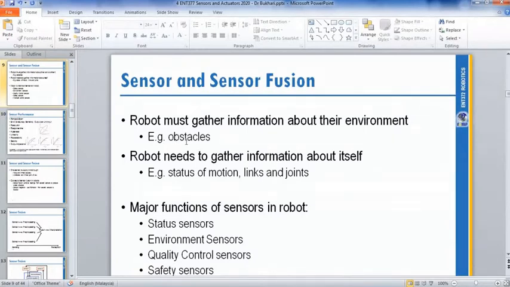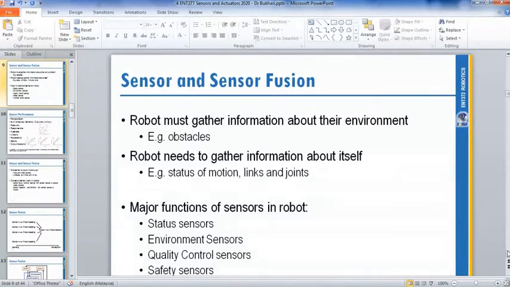For obstacles, maybe we use ultrasonic, a camera, a laser, or maybe a touch sensor or force sensor, to measure the environment. For internal, we have a current sensor, a voltage sensor, and an encoder, to measure the inside of the robot.